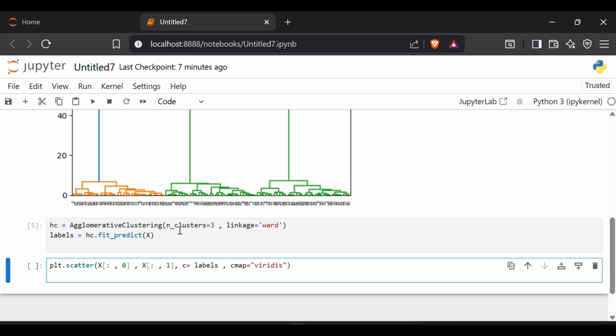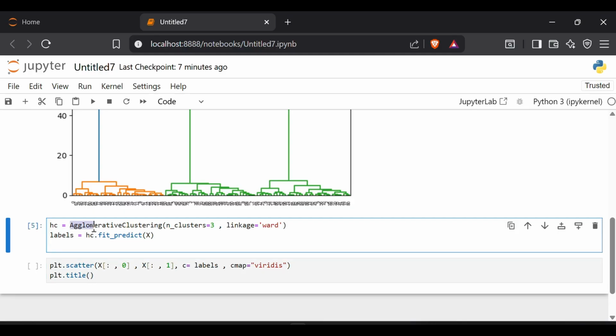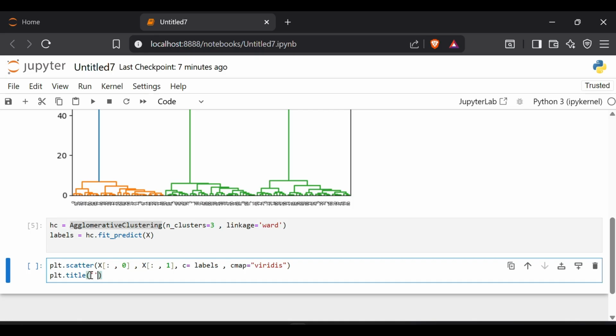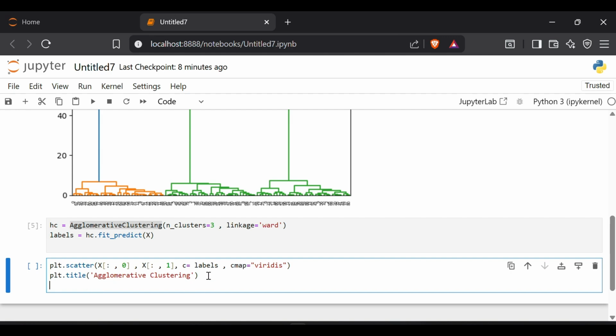Okay, and you have to give the title. So plot dot title, you will give agglomerative clustering. Just copy it and paste it here. Then you will show it.